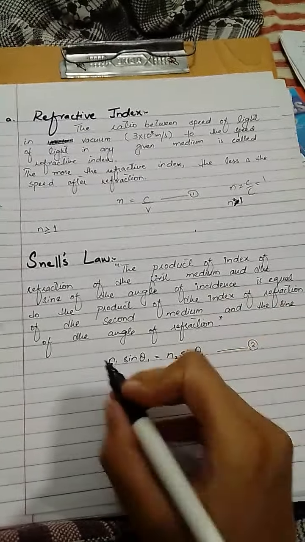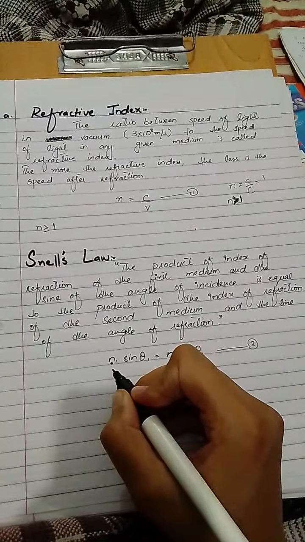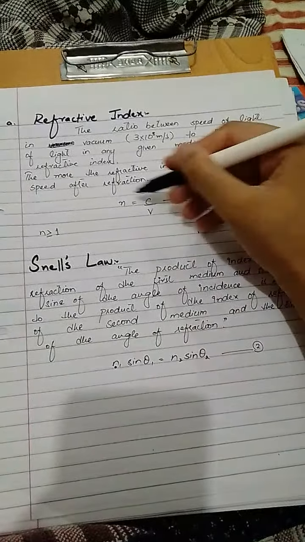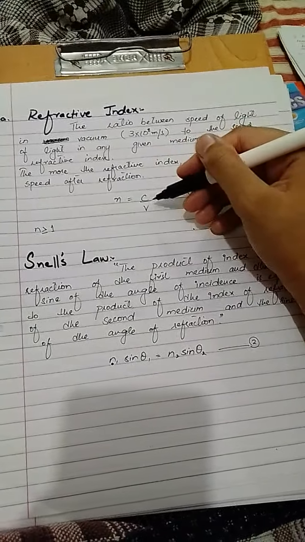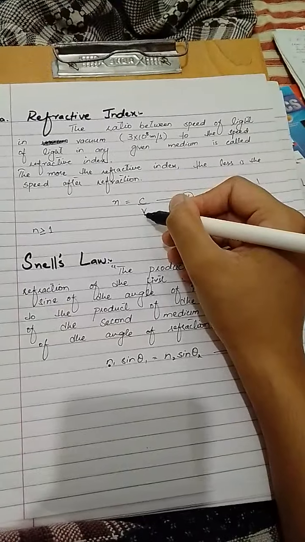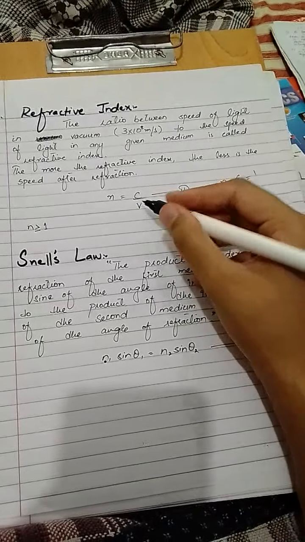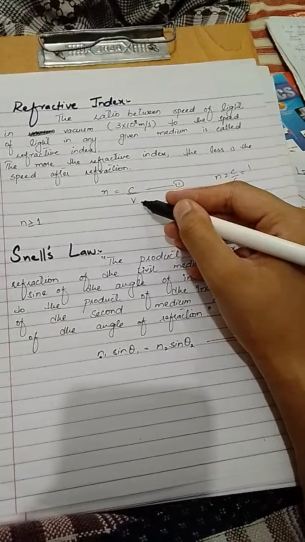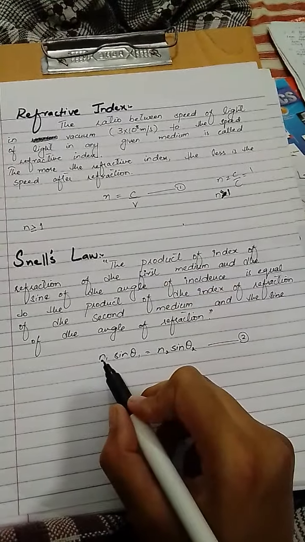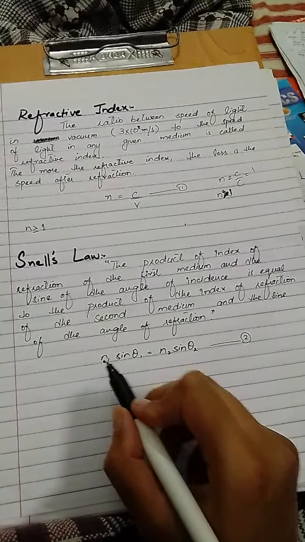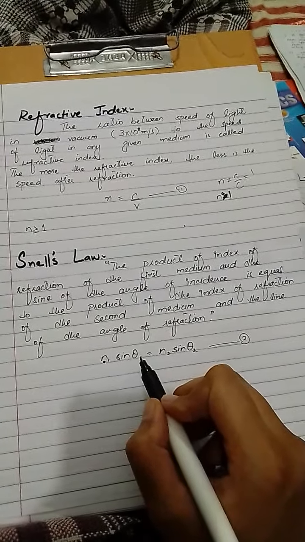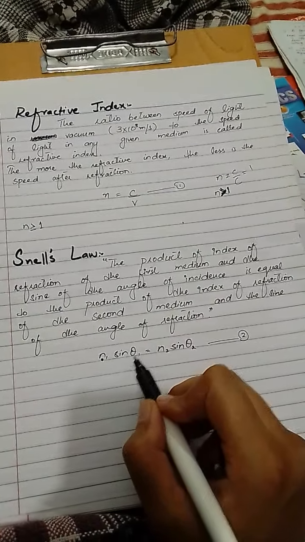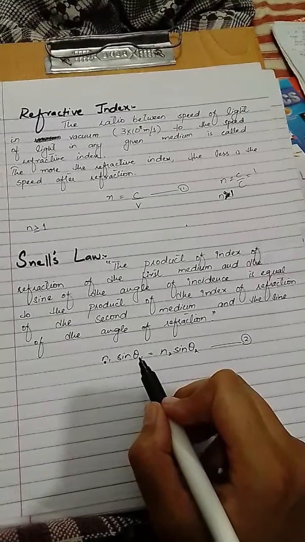If it increases, it means the speed would decrease. If this refractive index increases, it means the speed of light would decrease in that medium. So when the refractive index increases, sine theta 1, or sine theta I, would decrease.